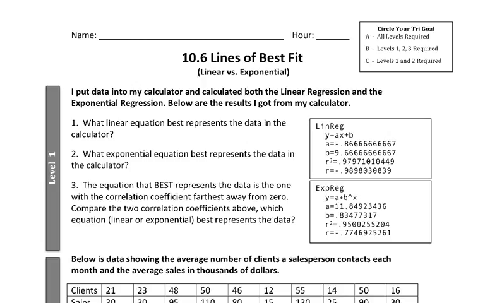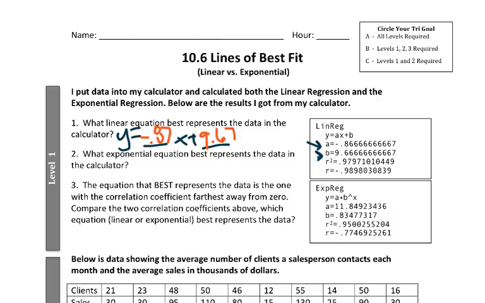So, question 1, what linear equation best represents the data that's in the calculator? Well, we know it's going to be y equals blank x plus blank because it's linear. We're going to plug in our a and our b. A is negative 0.87 if I round it, and B is going to be 9.67 if I round that.